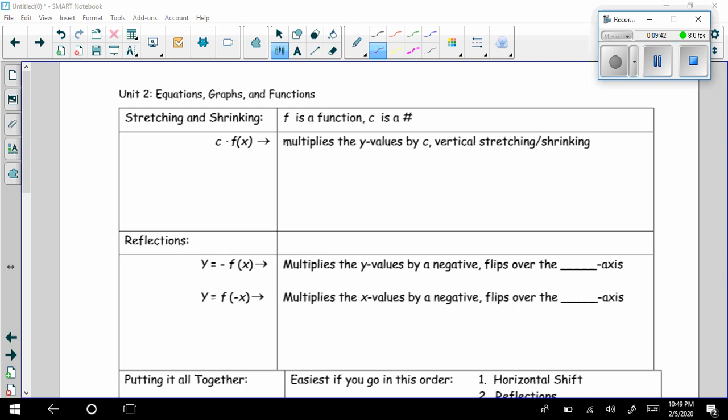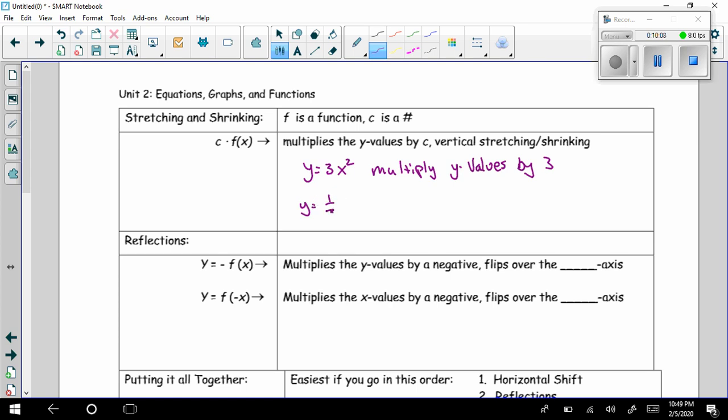And so you see that effect with the slope if we go with whole number values. So if you have something like y equals 3x squared, you're going to multiply the y values by 3, and so you're going to stretch that out.